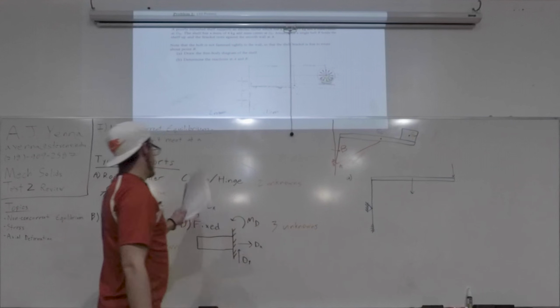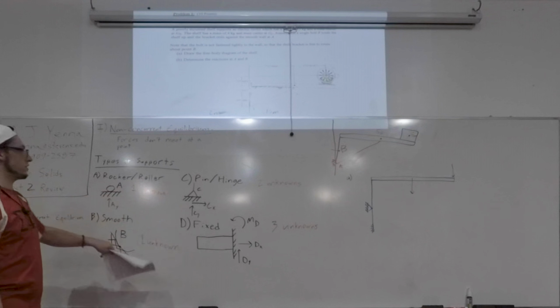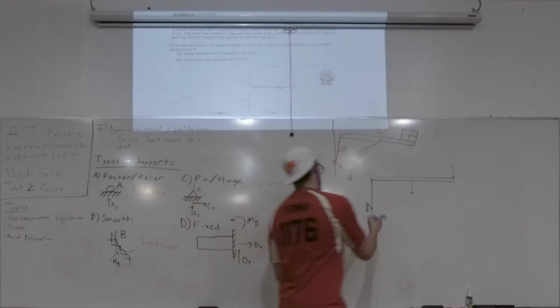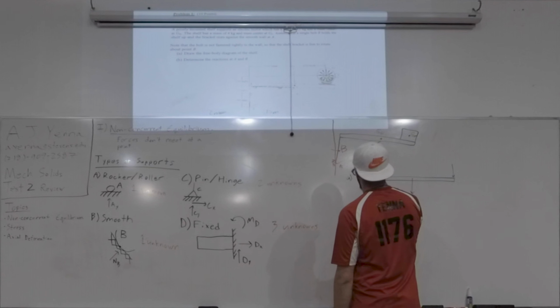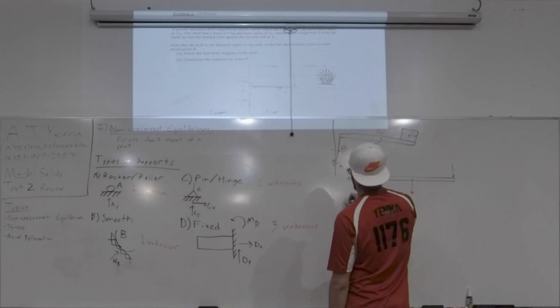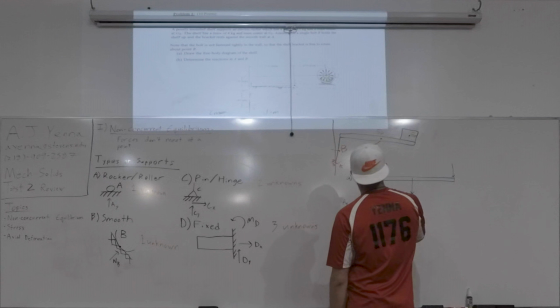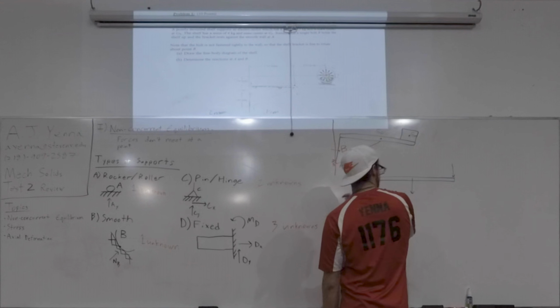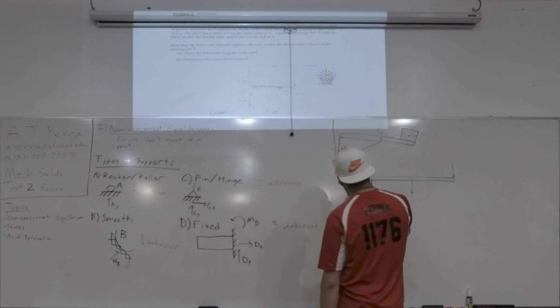So based on the reactions you get from the supports, at the pin, you're going to get a reaction in the x direction, and a reaction in the y direction. Try to find a spot if you can.